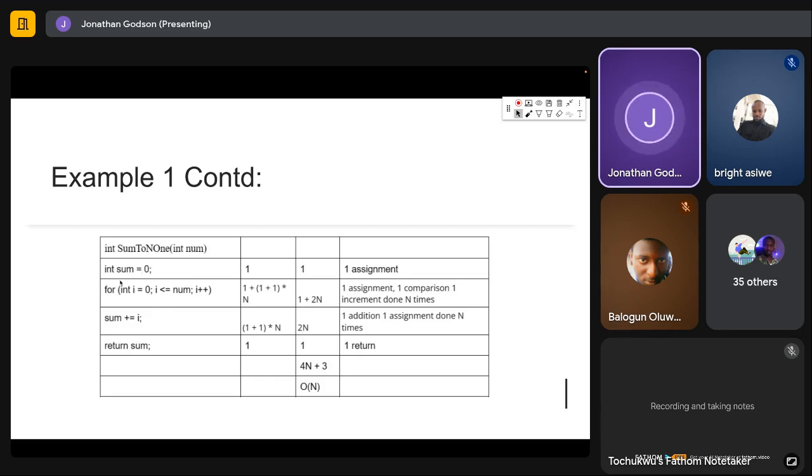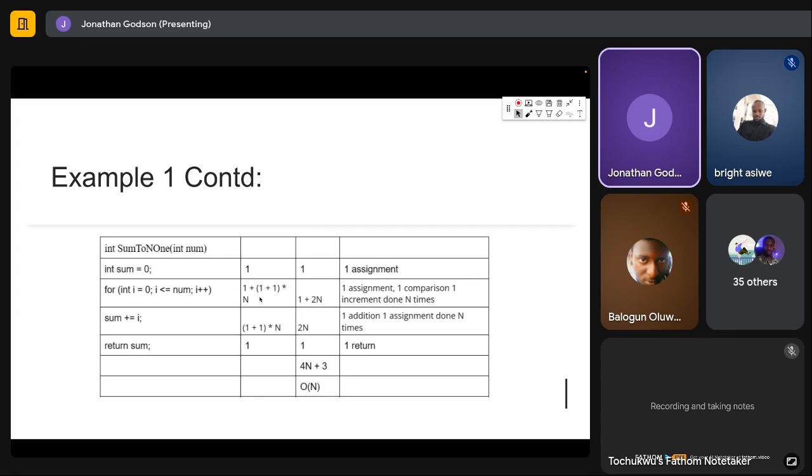And you want to do it line by line. In this case, this is an assignment. We are doing declaration and assignment here, so it is seen as one operation. In line 2, the first statement has a declaration and initialization, which is seen as 1.